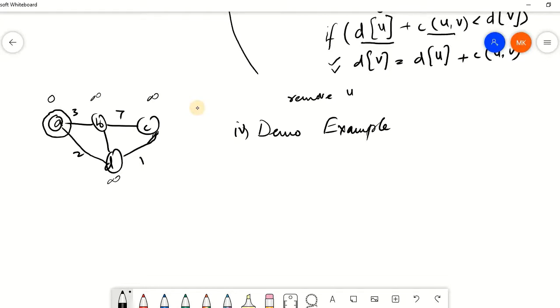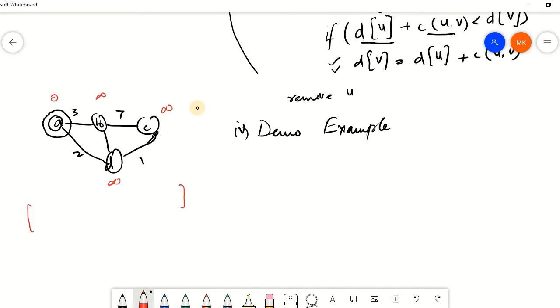So we assume it to be a very high value. The cost to get to A is 0. The cost to get to B, C, and D is infinity, because we currently do not know how much it's going to cost to get to all these destinations.